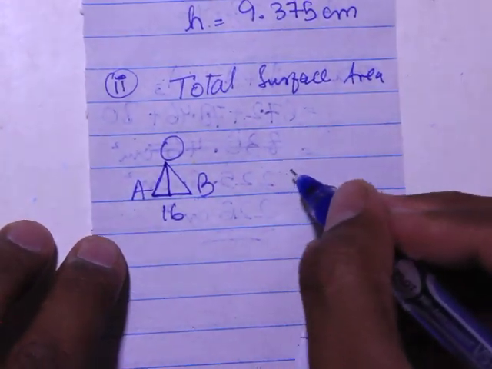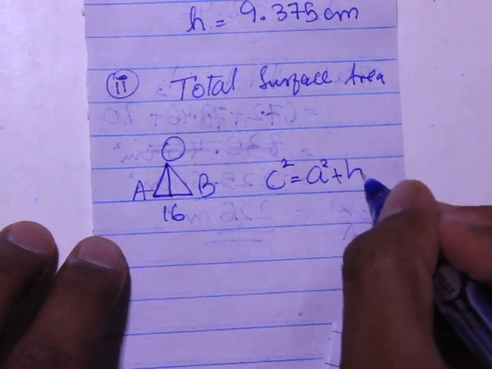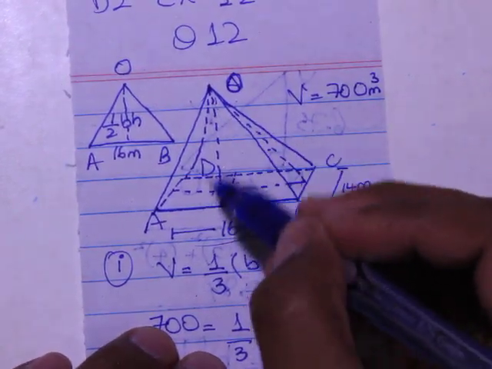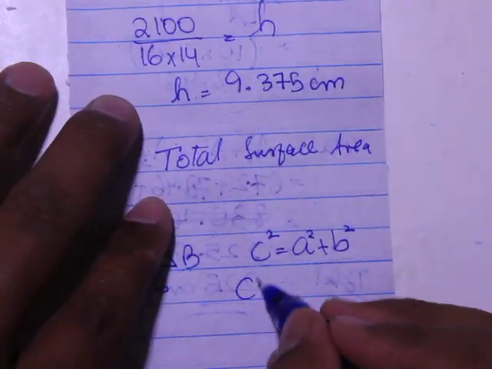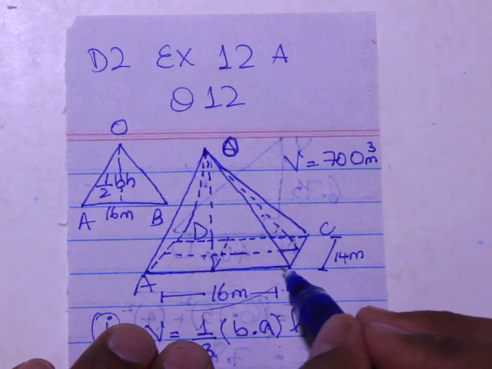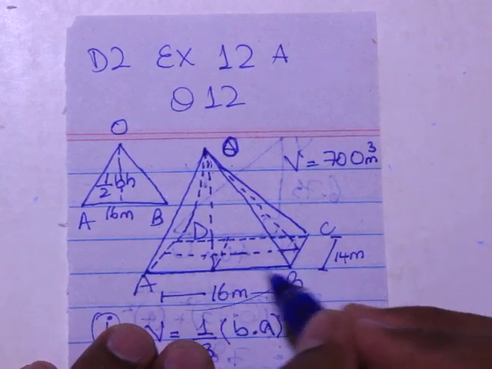Using the Pythagoras theorem, c square equals a square plus b square, where the slant height is opposite to the 90 degrees.